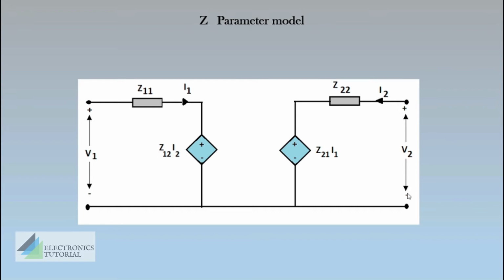Similarly, the output voltage V2 is shown here and this is the output current I2. Positions of Z11, Z12, Z21 and Z22. We'll try to draw a Z parameter model.